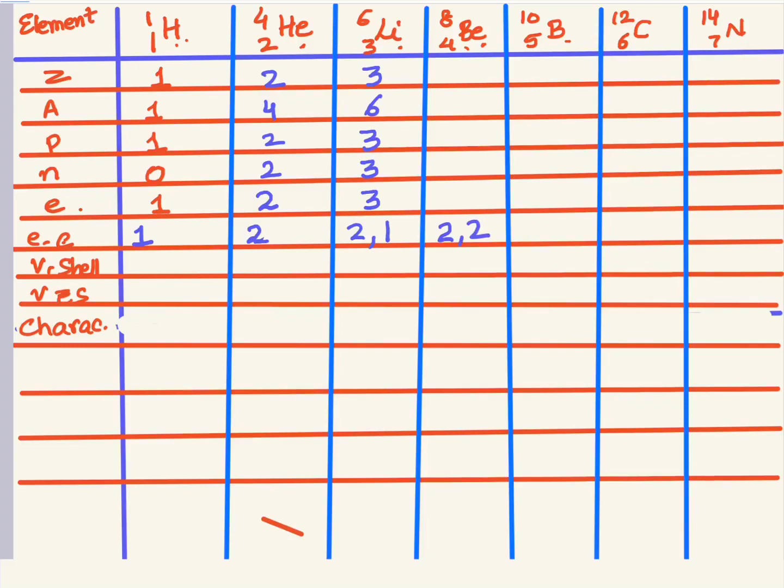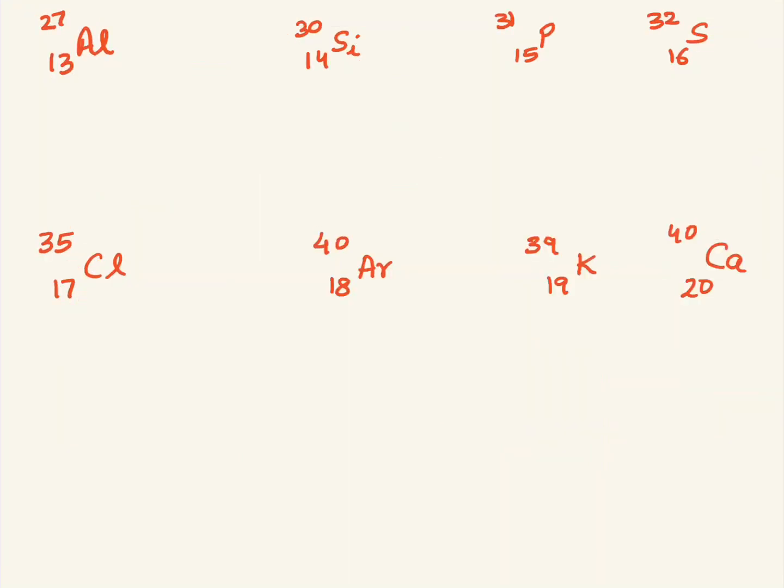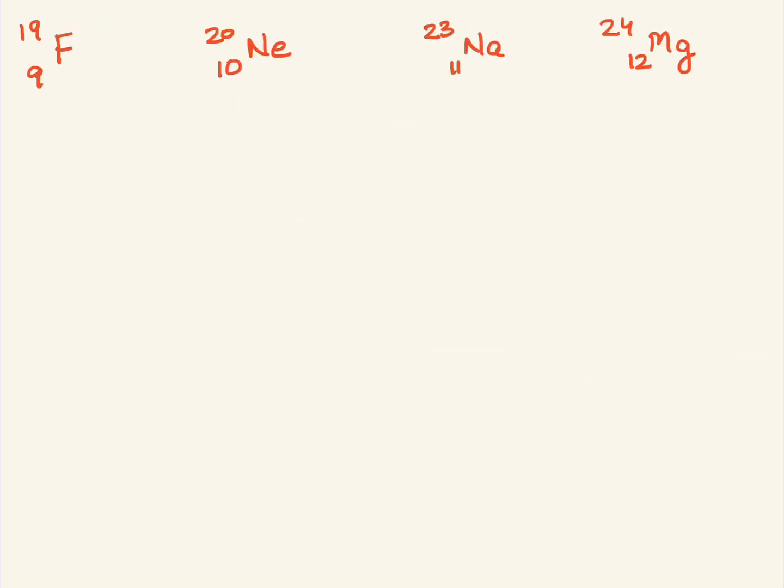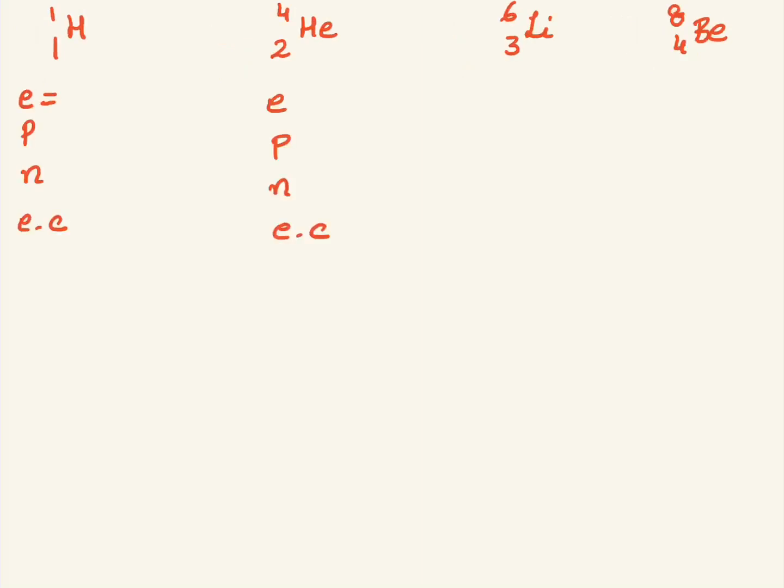Now like this in your chart, please draw and write the electronic configuration of the first 20 elements. I have listed their atomic number over here. Okay. So we have 9 for fluorine, 10 for neon, 11 for sodium, 12 for magnesium. Okay, you can start like this.